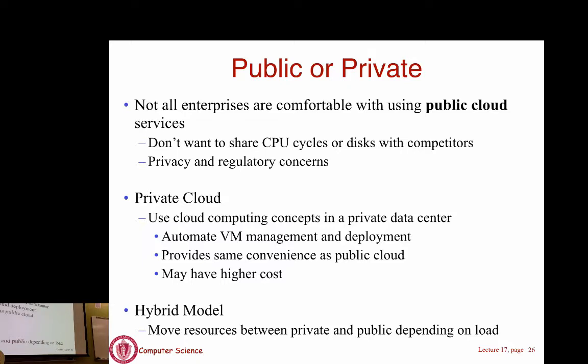They host all their critical applications or data in the private clouds, which is basically the cloud inside their enterprises. These tend to be really small data centers, maybe just hundreds of servers in a room inside their enterprise.